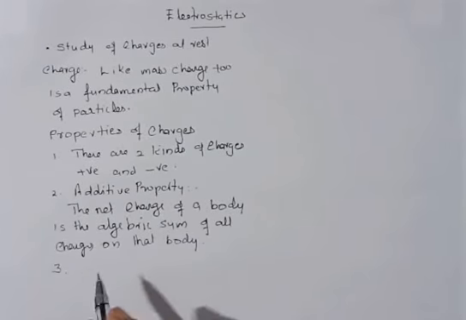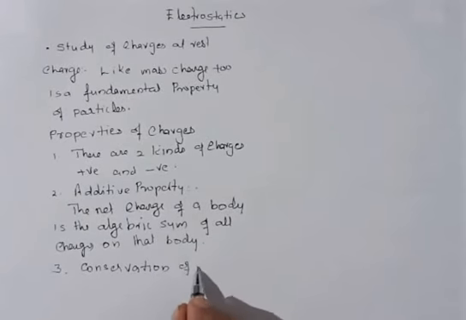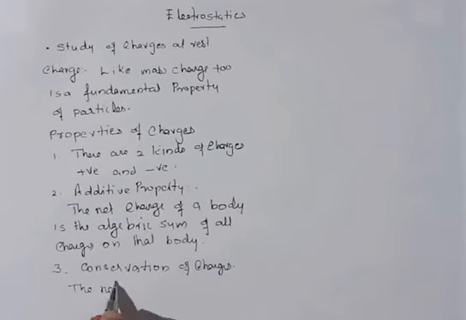The third property is the conservation of charges. Charges are conserved. In all kinds of interactions, the charges are conserved. You can never destroy charges, you can never create charges. For an isolated system, the total charge is conserved. So just like conservation of mass and conservation of energy, you have conservation of charge as one of the basic laws of nature.